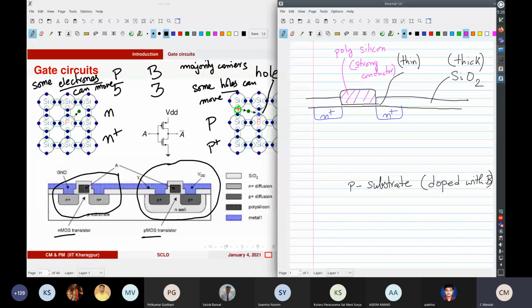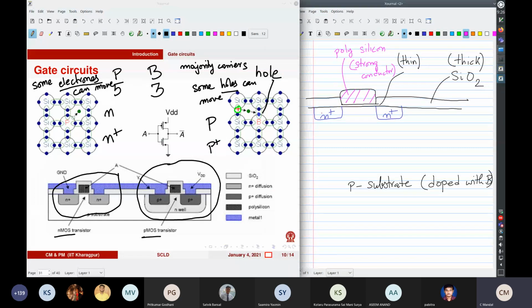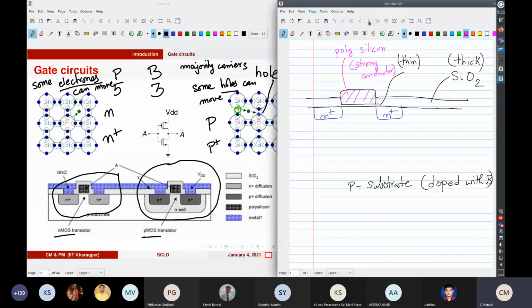Okay, and this N means, as you can see, these are electrons, right? So N means you have electron rich regions. All right, these are electron rich regions.